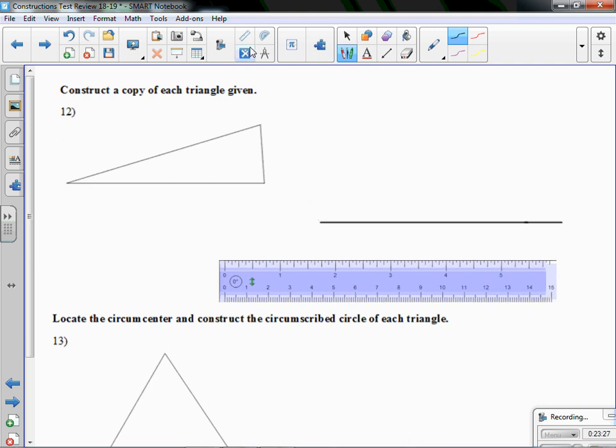Then we're going to bring in our compass. Measure how long that segment is with our compass. Put the point at one endpoint. Spin it off, measure with the other endpoint, like so.